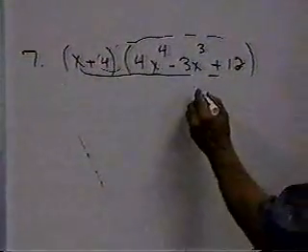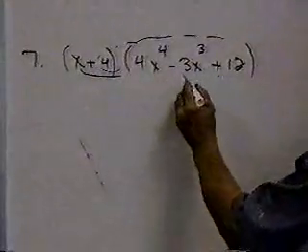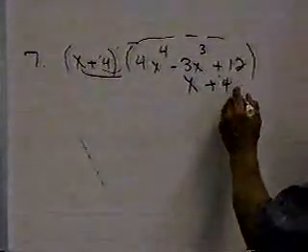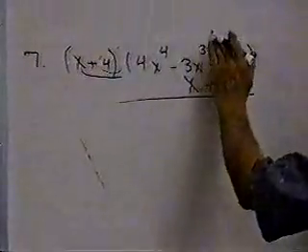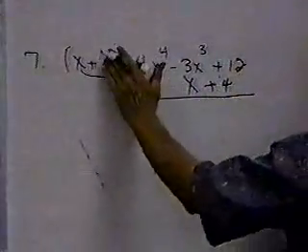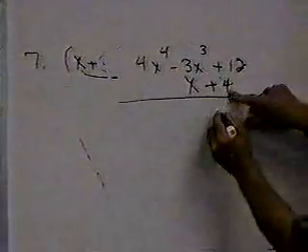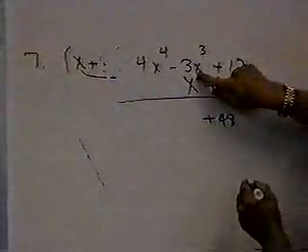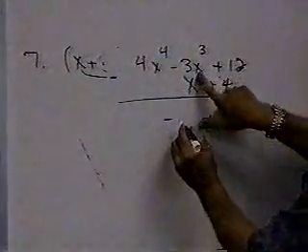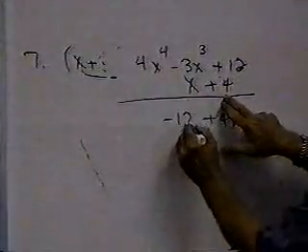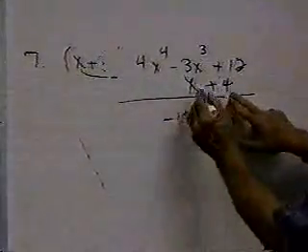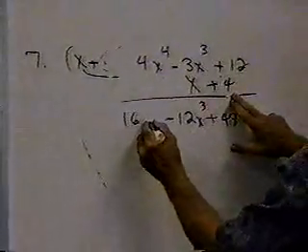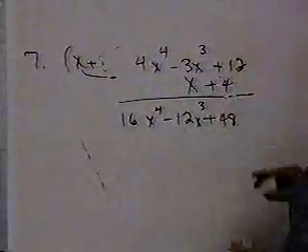What we can do is put the x plus 4 over here underneath it and do long multiplication. So 4 times this is 48. 4 times this is minus 12x cubed. 4 times this is 16x to the 4th.